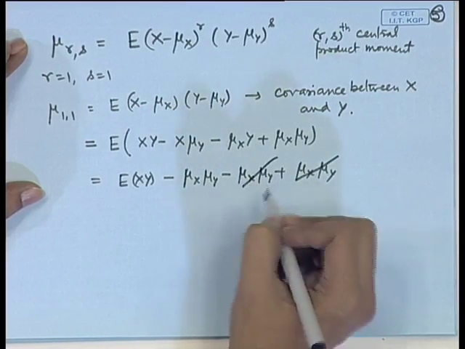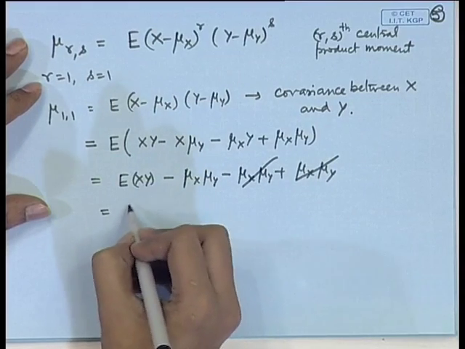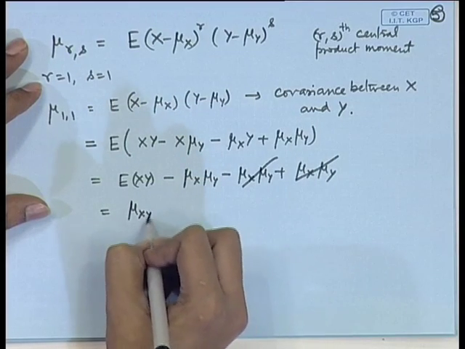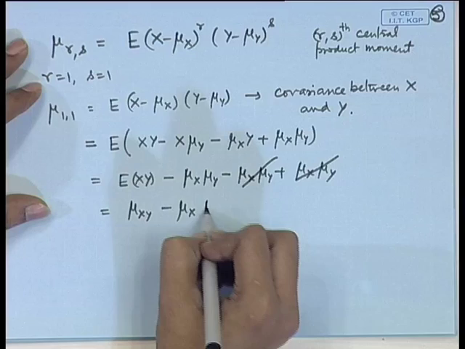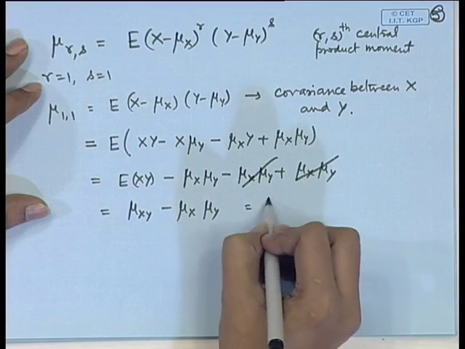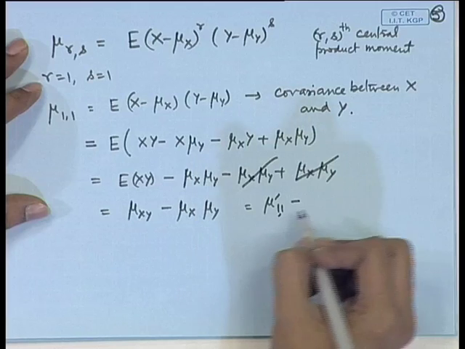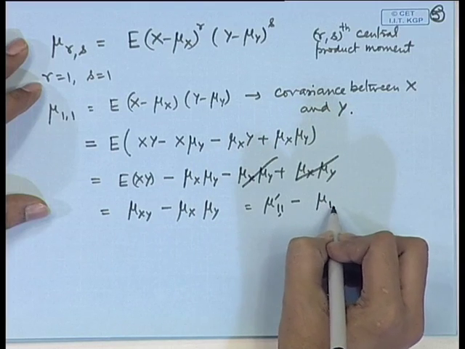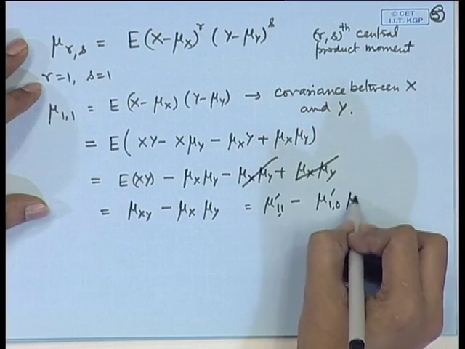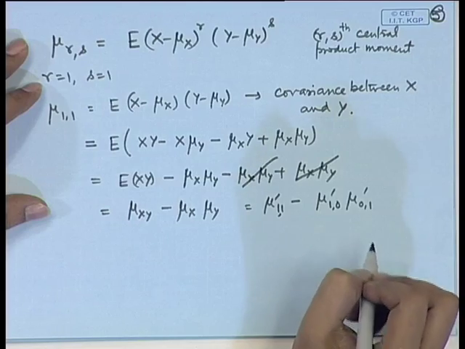So, this term cancels out and we are getting, we can use this notation mu x y here, or mu 1 1 prime minus mu 1 0 prime mu 0 1 prime.